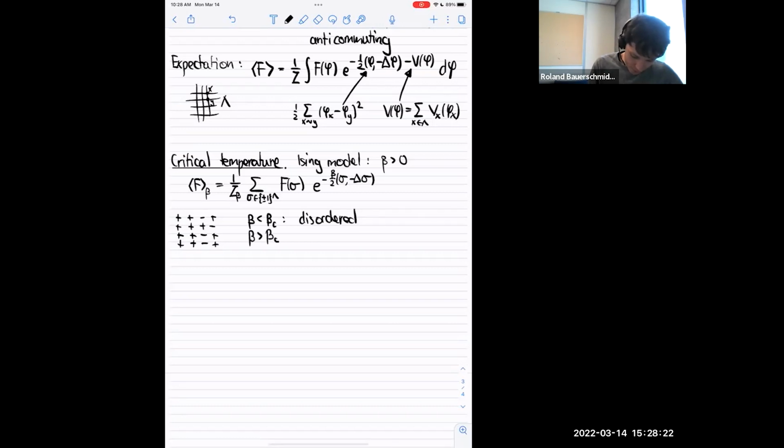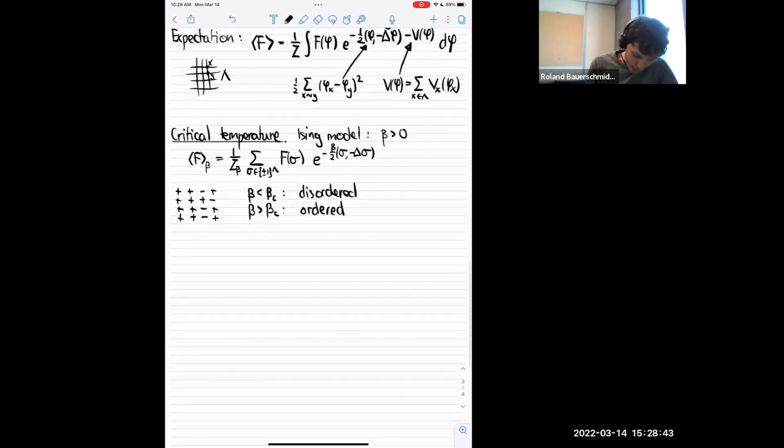For beta above this inverse temperature, they will look ordered. So roughly speaking, most spins have the same sign in the ordered phase, and they look sort of like independent coin flips in the disordered phase. And then there's the critical temperature in between.